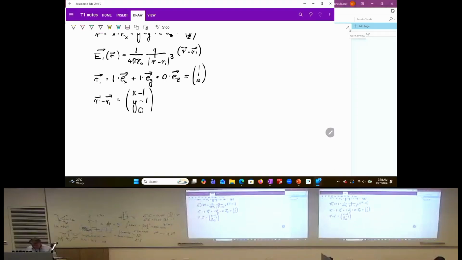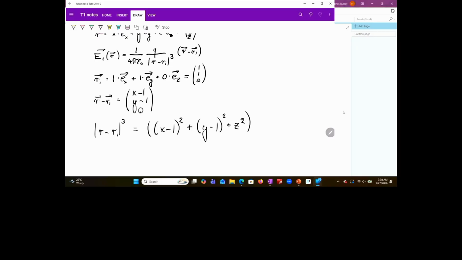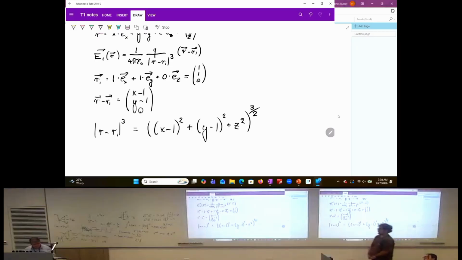So that means our R minus R1 cubed is x minus 1, right? This is the x component here. We square it plus the y component, y minus 1, plus z squared, and to the power of 3 half.